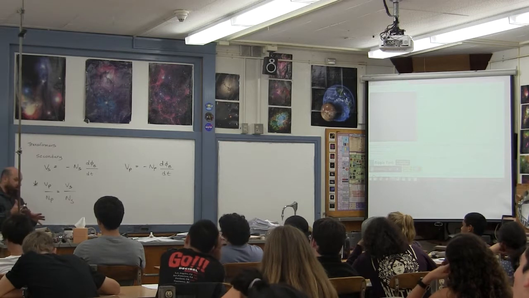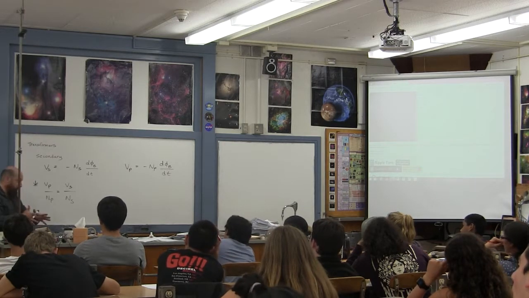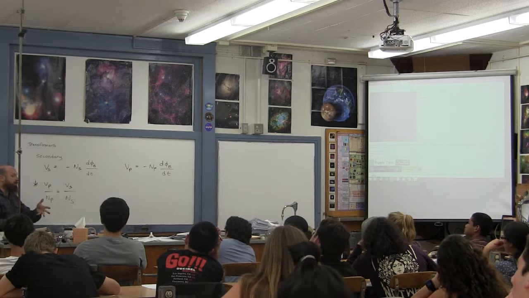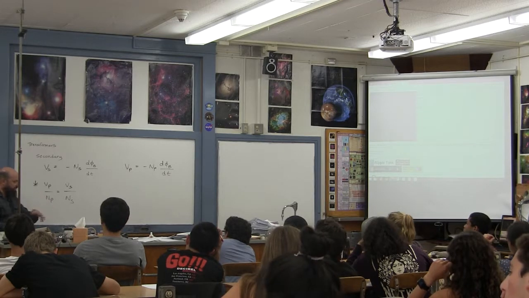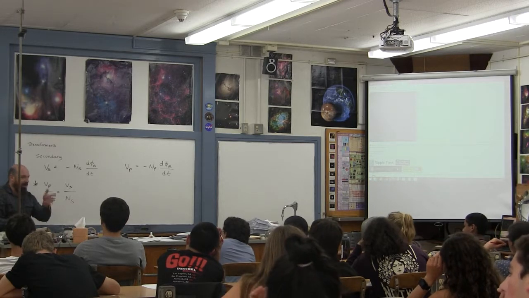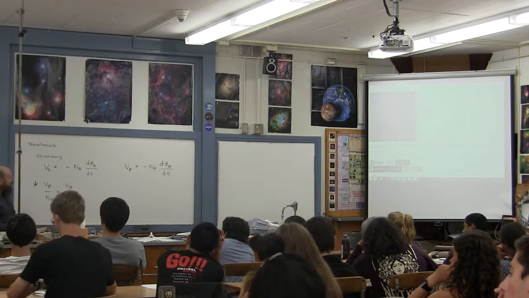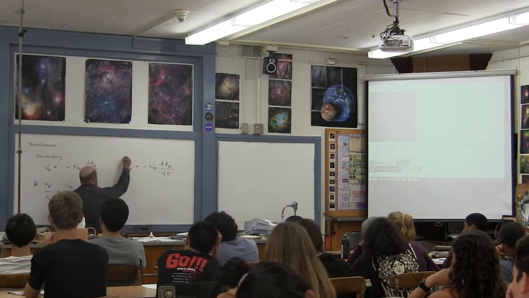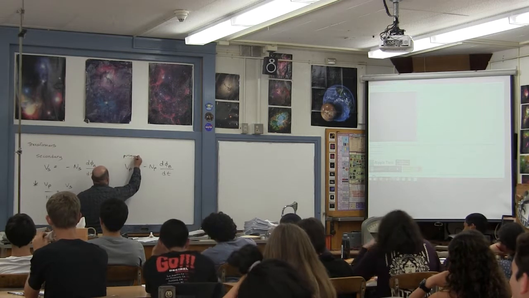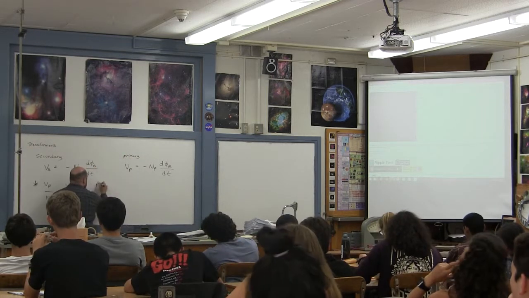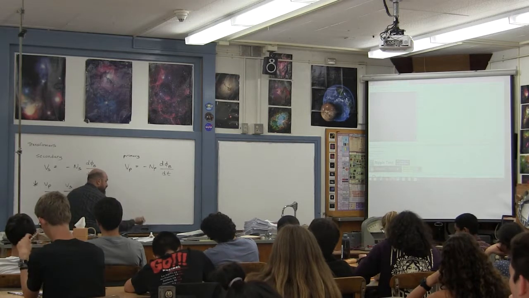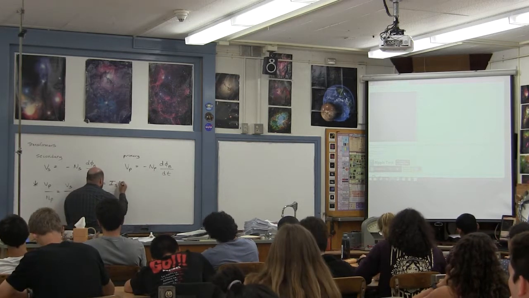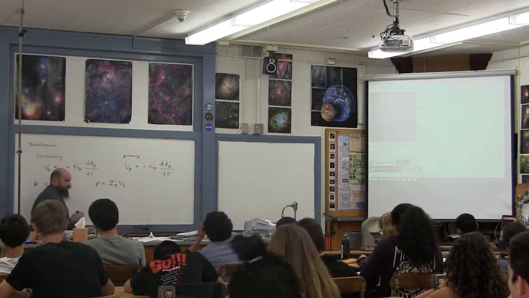Now in terms of the power itself that is being transformed here, take a look at our P delivered equation. Remember that P delivered is I times V. If you're talking about the amount of energy that's being delivered to the secondary due to the primary, the power transformed is simply equal to I secondary times V secondary.